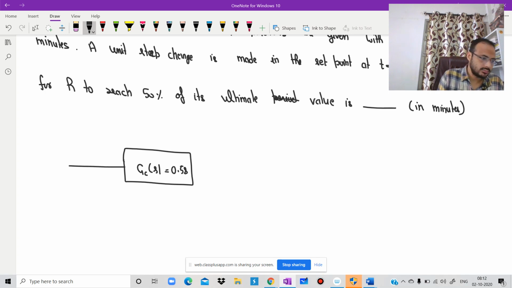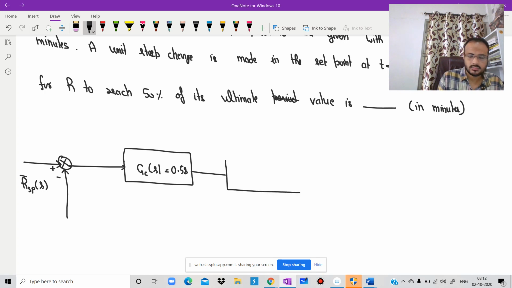The block diagram is given. 0.5 s as set point bar of s. Gf of s is equal to 0.2 divided by 1.5 s plus 1.